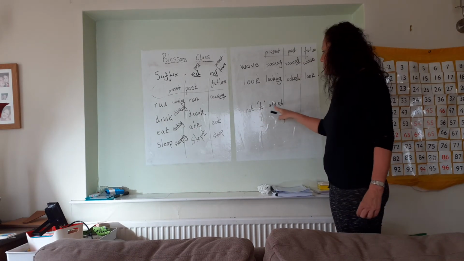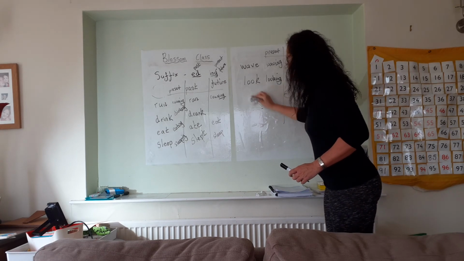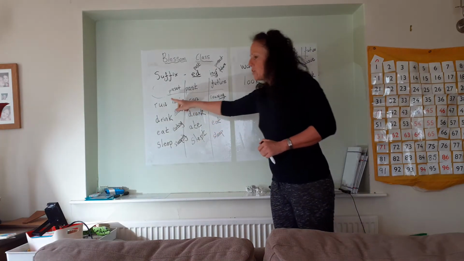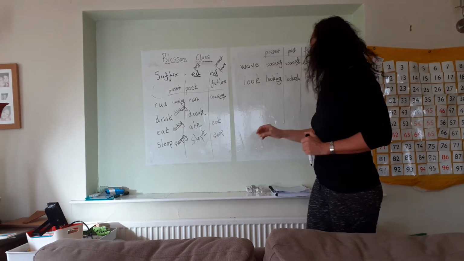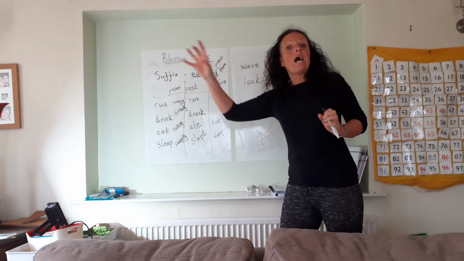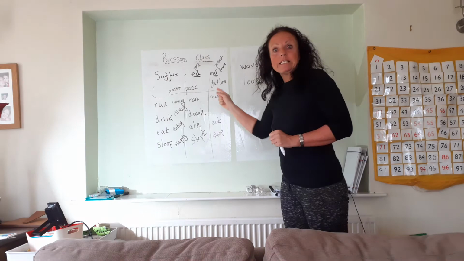That's the rhyme, not T, add ed. So that was our practice today of our suffixes which go at the end of our root word, which is our verb. There are some exceptions like I've just said, but the rule with most of the verbs is that if it's already happened, you would add ed, and don't forget it's ed, not T.